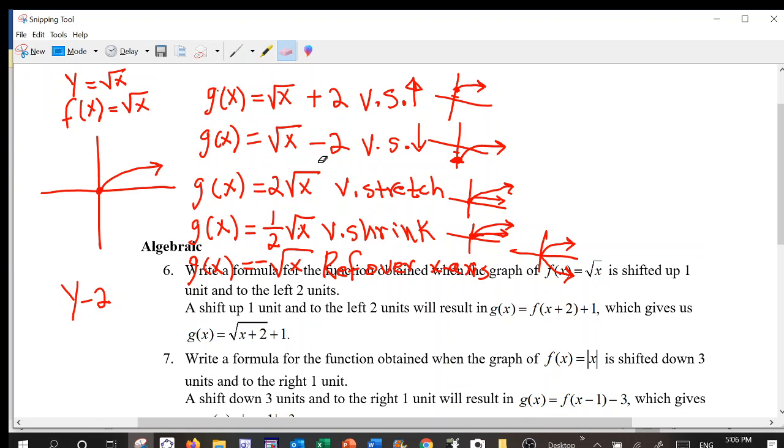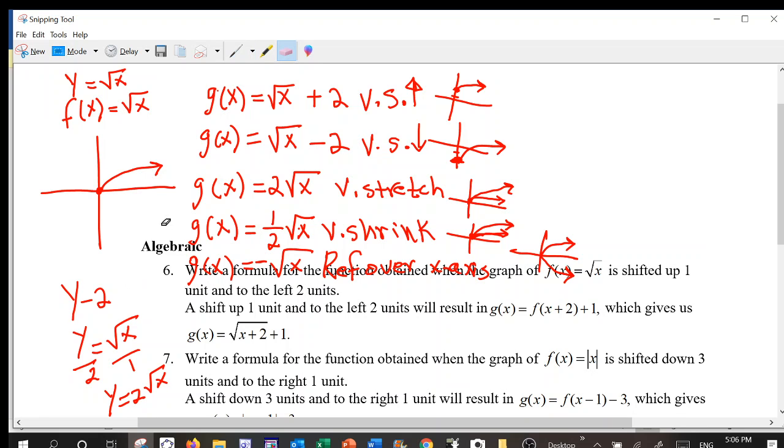If you subtract from the right-hand side, you're actually adding to y. If you're multiplying by 2 on the right-hand side, you're actually dividing y by 2, right? You see that? y equals square root of x, so if I divide it by 2, then cross multiply, the new y would be 2 times the square root of x.